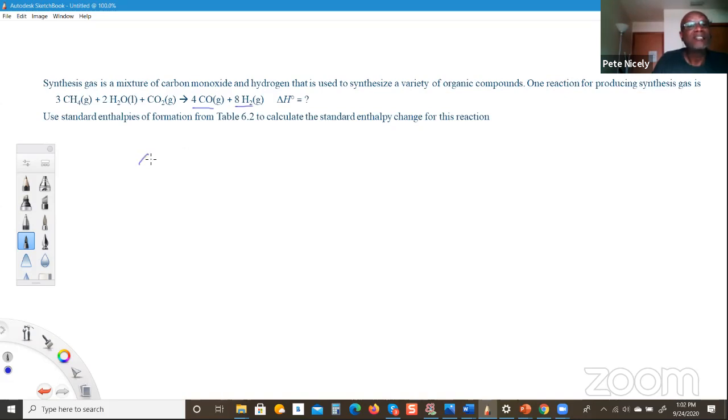So delta H standard for the reaction will be equal to, let me put open parentheses here, 4 times the enthalpy of formation of carbon monoxide plus the enthalpy of formation of hydrogen. All right, so those are the products.